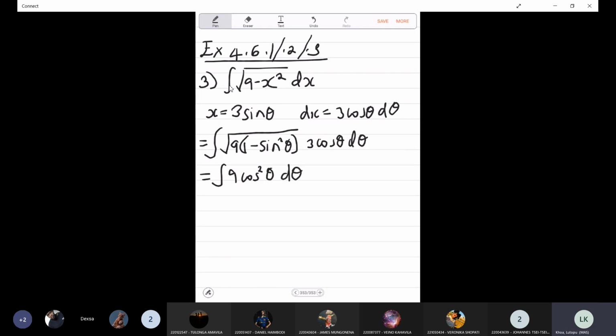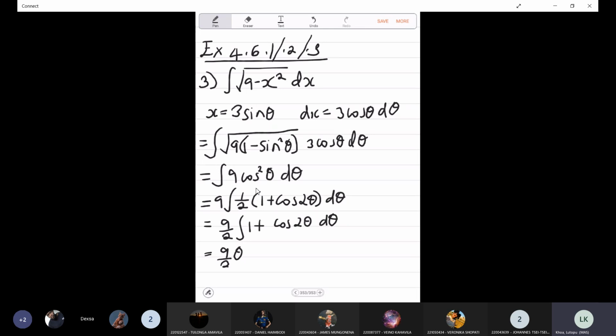Then the 9 can go outside, and cos squared theta, we rewrite it in terms of its double angle identity. So this is 9, the integral of a half, 1 plus cos 2 theta d theta, and the half can also go outside, so we have 9 over 2, 1 plus cos 2 theta d theta. So this is 9 over 2 times theta, and here the integral of cos 2 theta is sine 2 theta divided by 2.